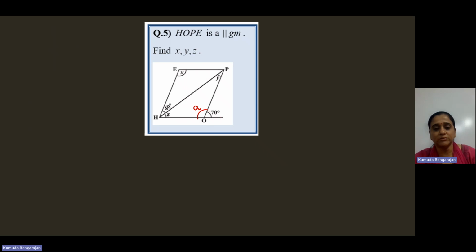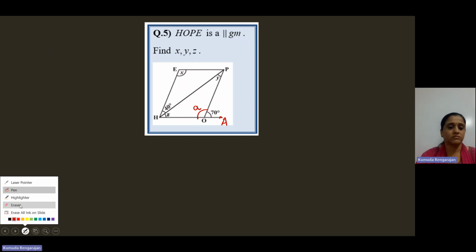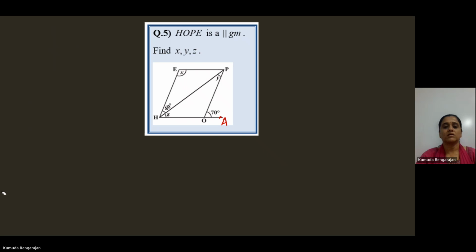Oh, you wanted me to mark something here, is it? Okay. Wait. Angle POA. How will this angle be equal to this angle?